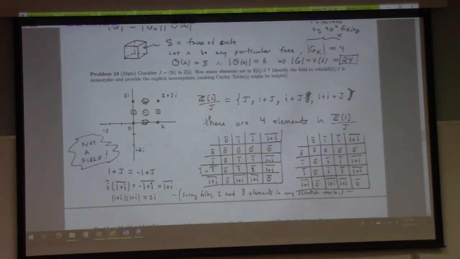And what's I? Oh, okay. So you guys are sure this isn't Z4? Because you can't get I from adding 1 to itself, no matter how many times. Okay. So you guys don't think that there's an isomorphism?